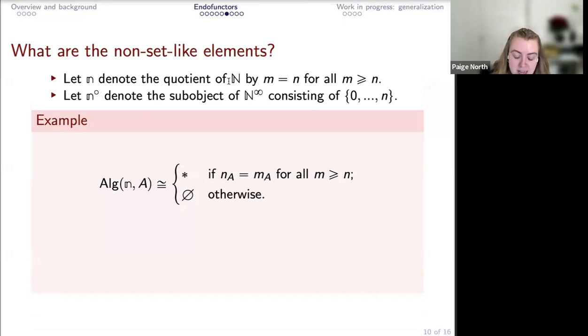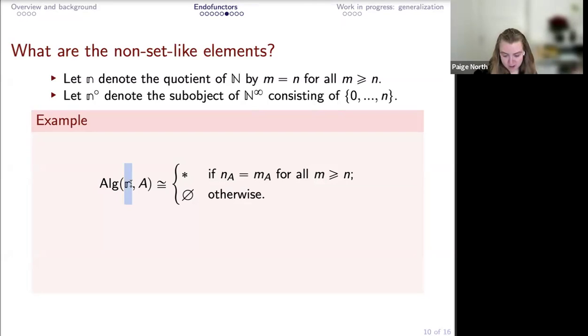So in the previous slide, I was looking at the Hom coalgebra from the natural numbers, the initial algebra, to an arbitrary algebra A. Now I want to consider the next most complicated thing I can think of to put in for the first algebra.